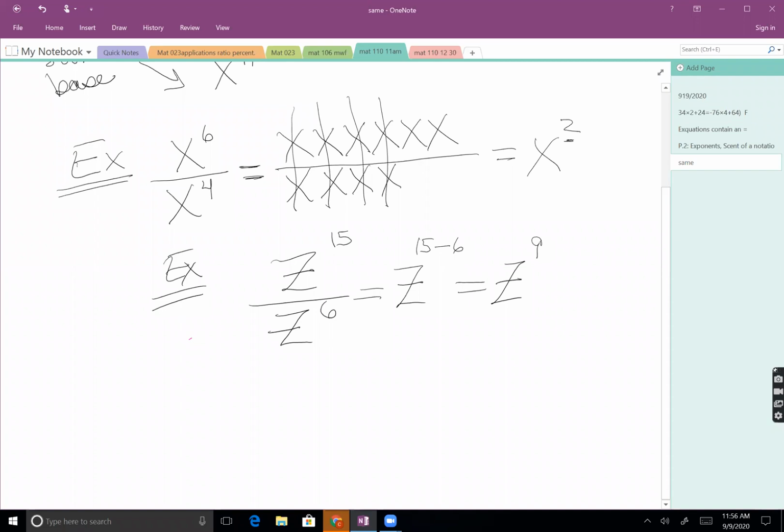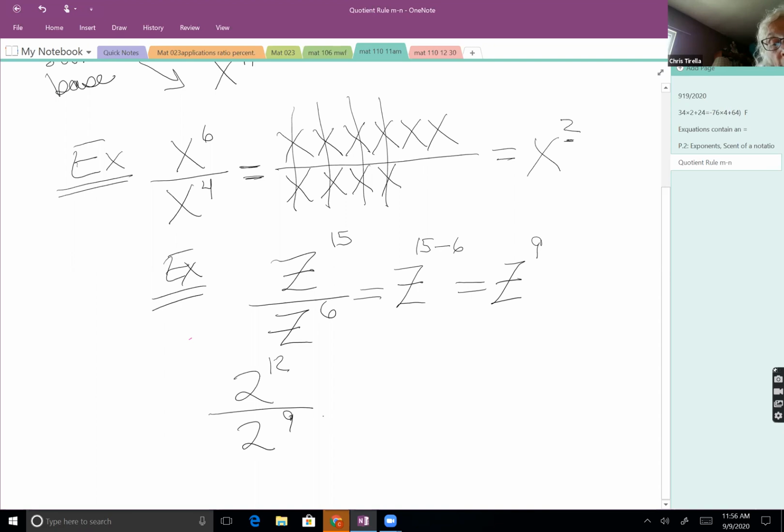What if I have 2 to the 12th over 2 to the 9th? Are the bases the same? Yes. So I'm going to keep that base. That becomes 2 to the 12 minus 9, or 2 to the 3rd, which would be 8.